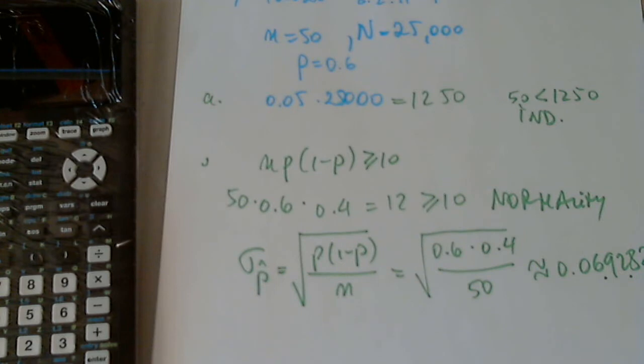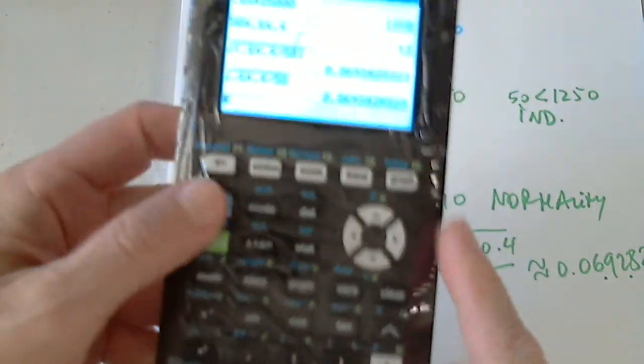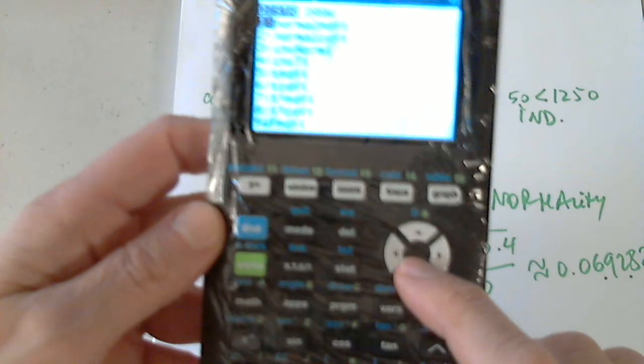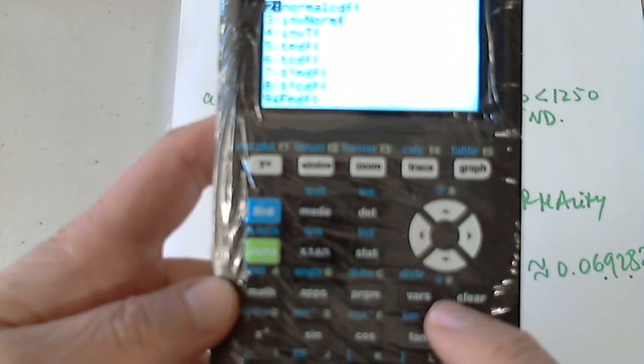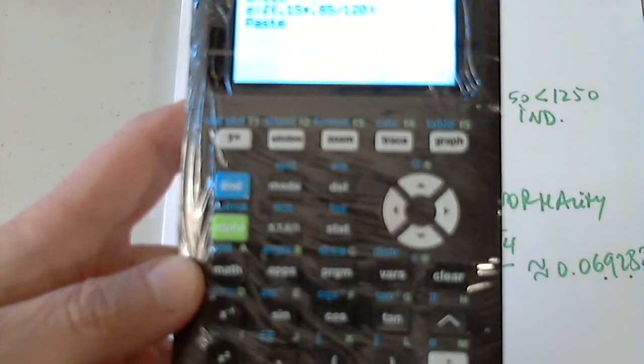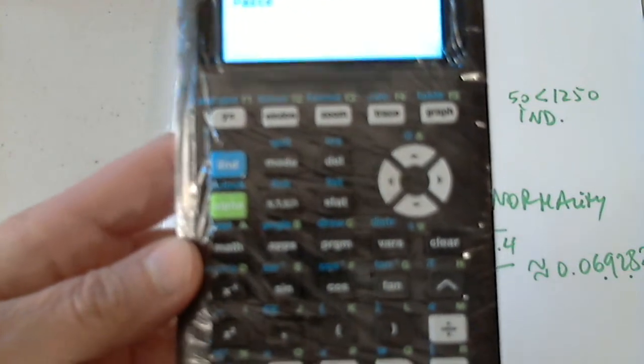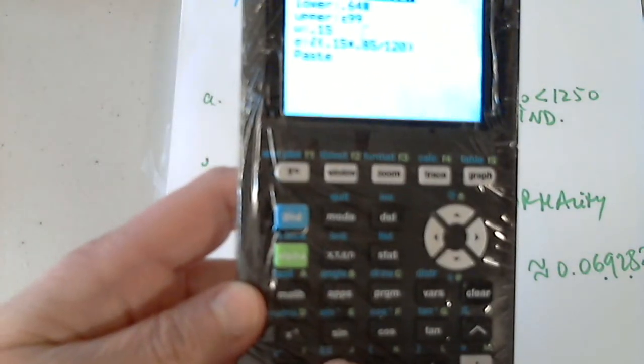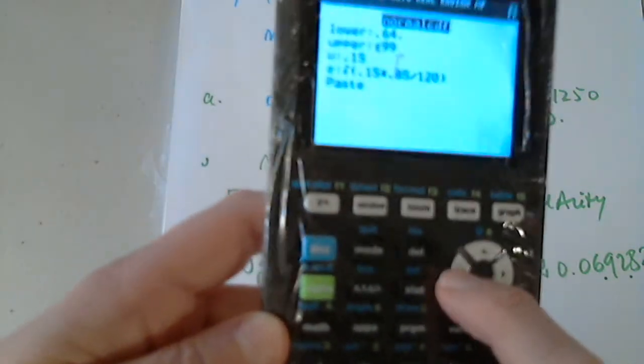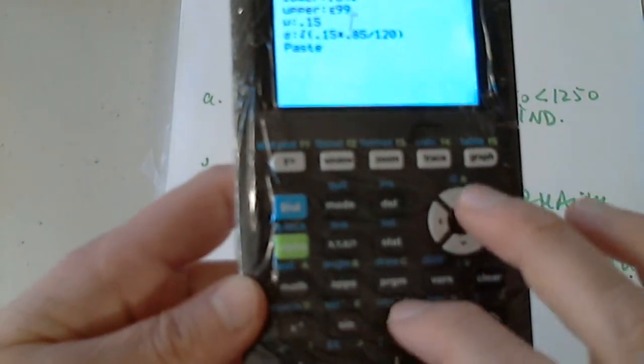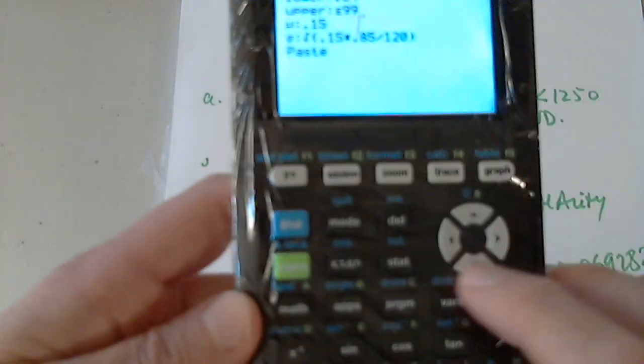Okay. So you don't have any difficulties with this, right? You have to put it in the normal distribution. So second and then normal CDF, from 0.64. See, I'm used to the other calculator with that syntax.